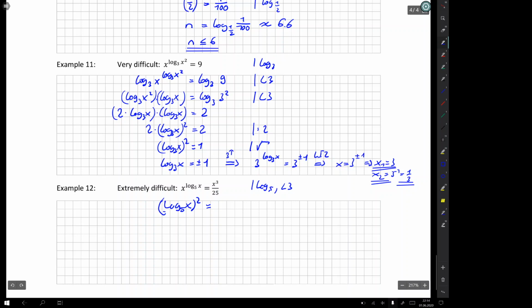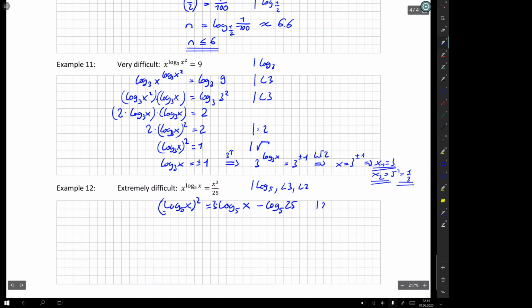When I take the logarithm in base 5 of this expression, I can split that using law number 2 of logarithms. So I get the logarithm of x to the power of 3 in base 5, which is the same as 3 times the logarithm of x in base 5 minus the logarithm of 25 in base 5.